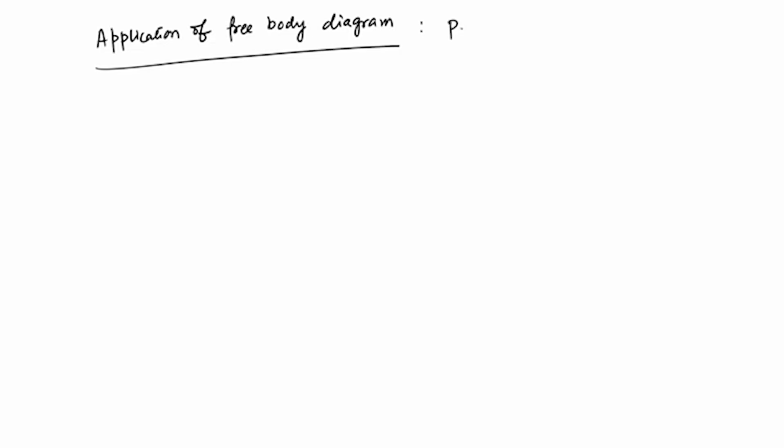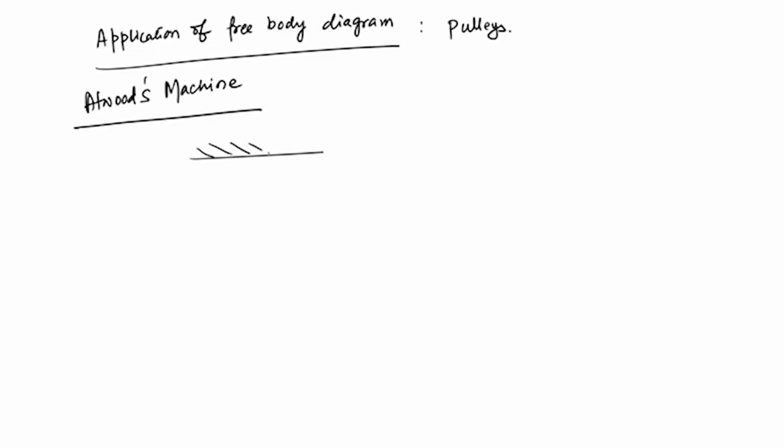So, we take a system of pulleys, and in particular this is called an Atwood's machine. Let me try to draw it neatly. In fact, in some of these problems, the drawing is important.